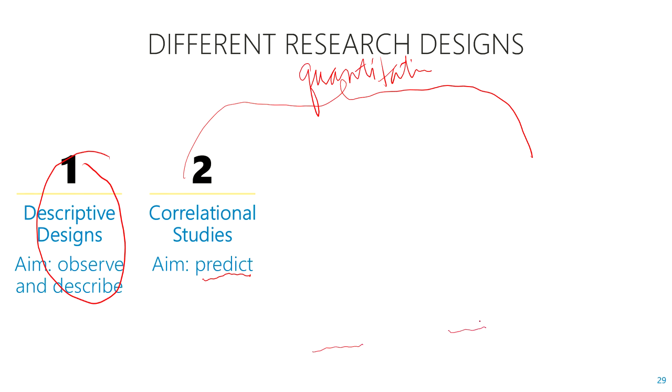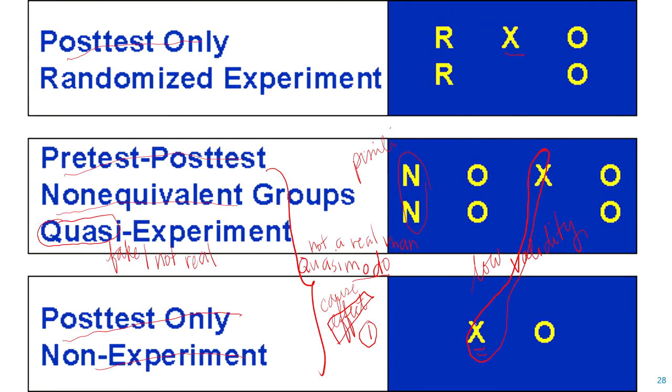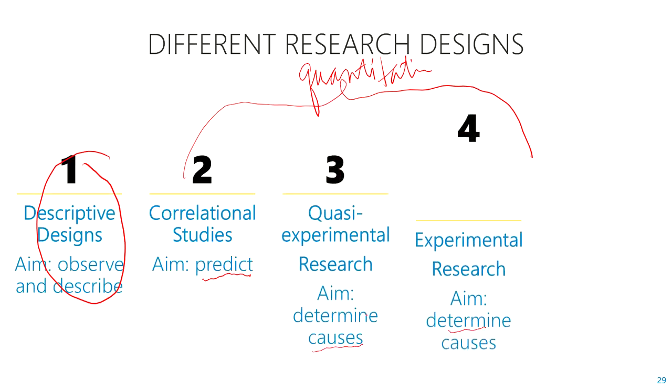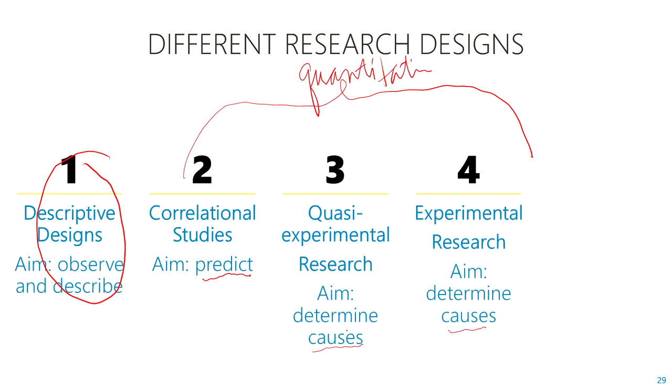Wait, teacher, balik tayo. Kanina, pinag-uusapan po natin to. Sabi ninyo po dito, yung quasi-experiment, it cannot determine the effect. That's correct. Hindi nga niya nadidetermine ang effect. This is true. But it does try to determine causes. The thing here is that quasi-experimental research has low validity.